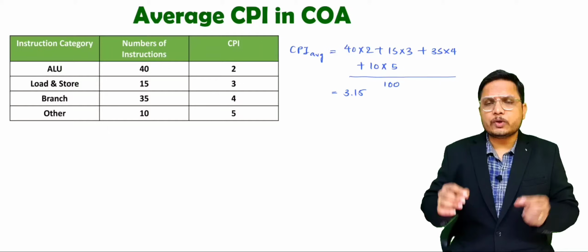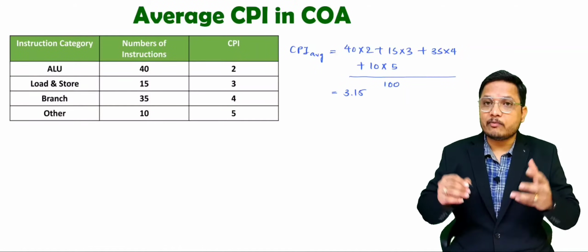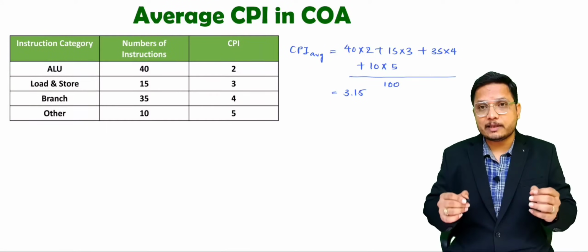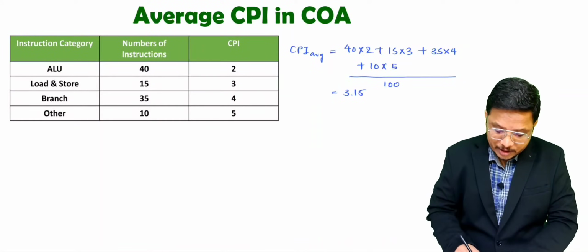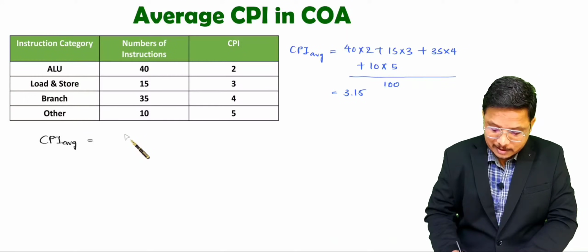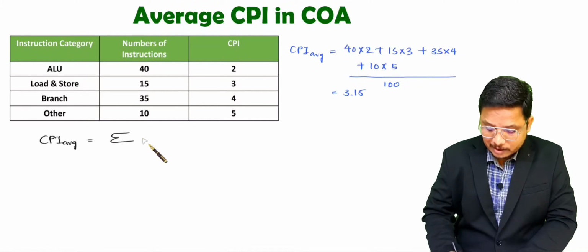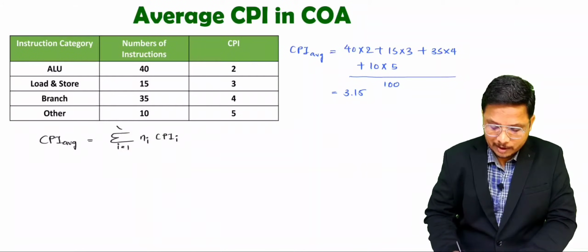Here, you should know the generalized formula. Let me explain how to write the generalized formula for average CPI calculation. The reason is we are going to use it in future examples, right? So, average CPI is the summation of the number of instructions of the ith category into the CPI of the ith category, where i varies from 1 to x.